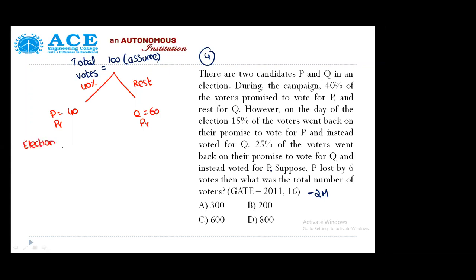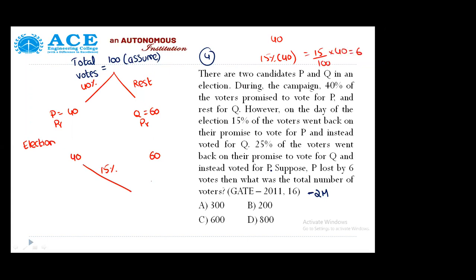15% of these people. So actually 40 people promised here, 60 people promised here, but 15% of these people. See guys, for 40, what does 15% mean? We can say 6, because 15 divided by 100 into 40, we get 6.